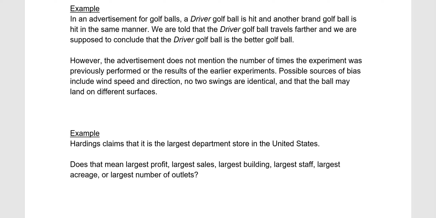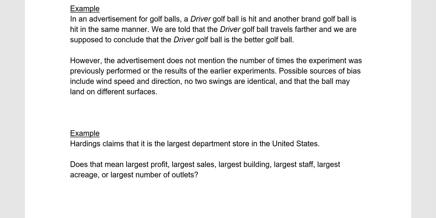In this first example, in an advertisement for golf balls, a driver golf ball is hit and another brand golf ball is hit in the same manner. We're told that the driver golf ball travels farther, and we're supposed to conclude that the driver golf ball is the better golf ball because it traveled farther.